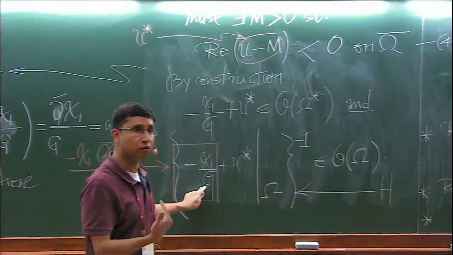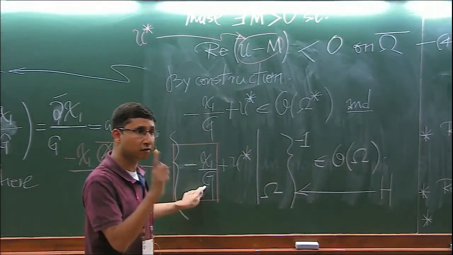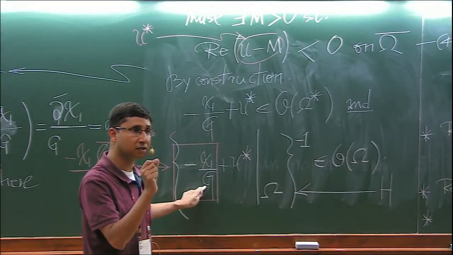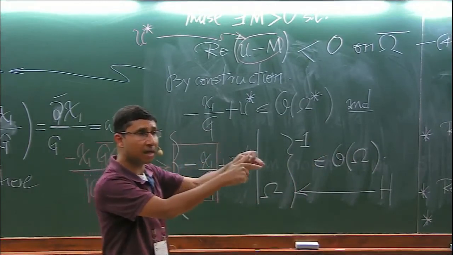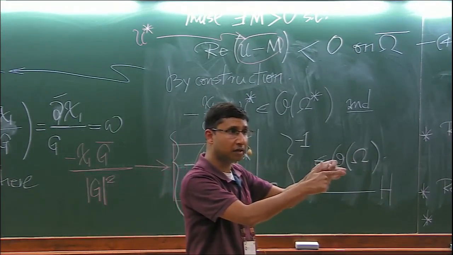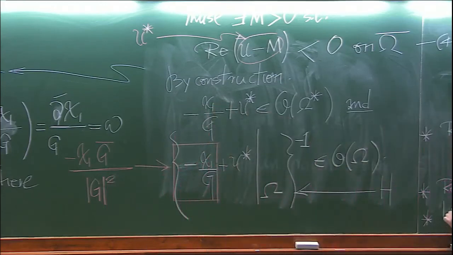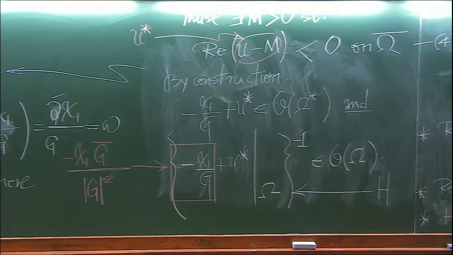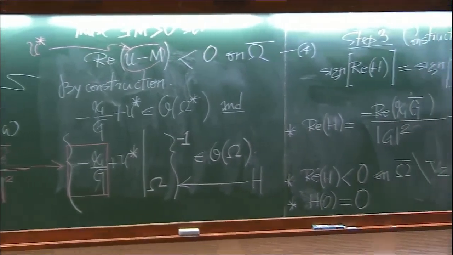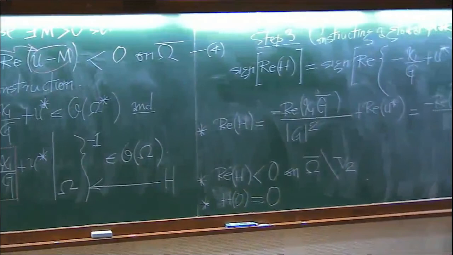As you approach the point 0, remember G is 1 minus phi. Phi is continuous up to the point P and takes value 1 there, right? So therefore the limit, in fact, I don't have to take a limit. This is defined at the point P. So h of 0 is equal to 0, right? And so we are done.